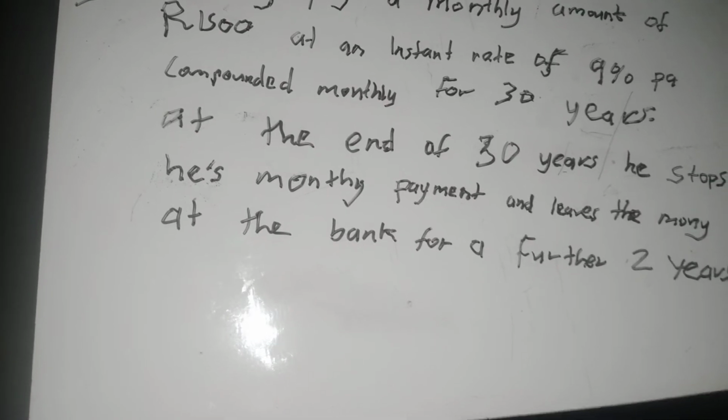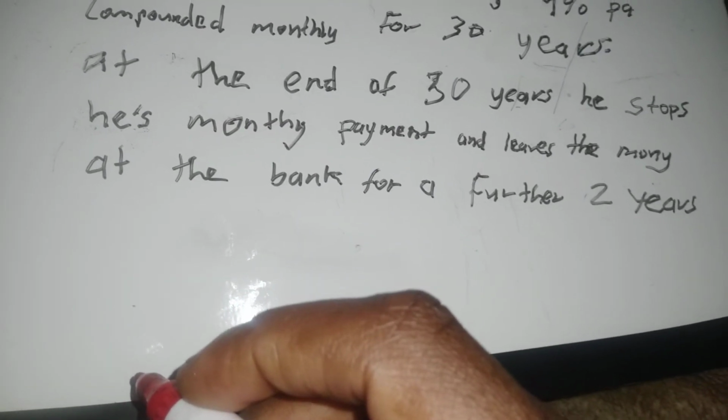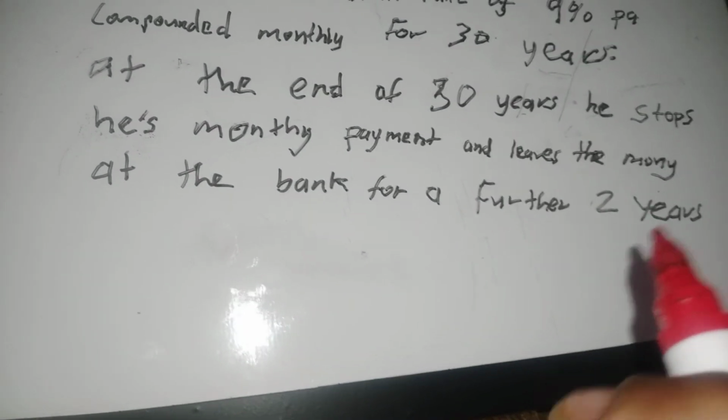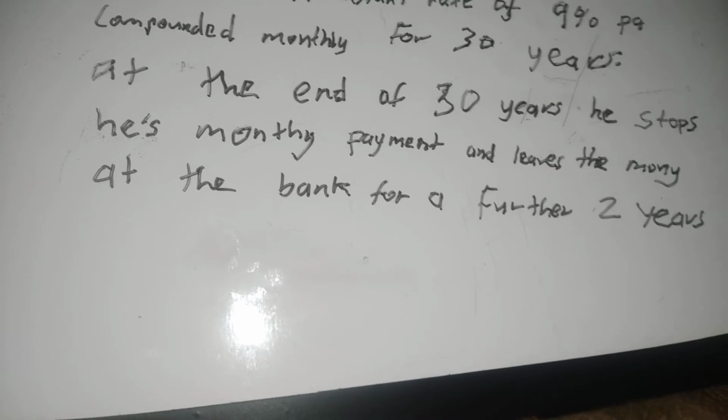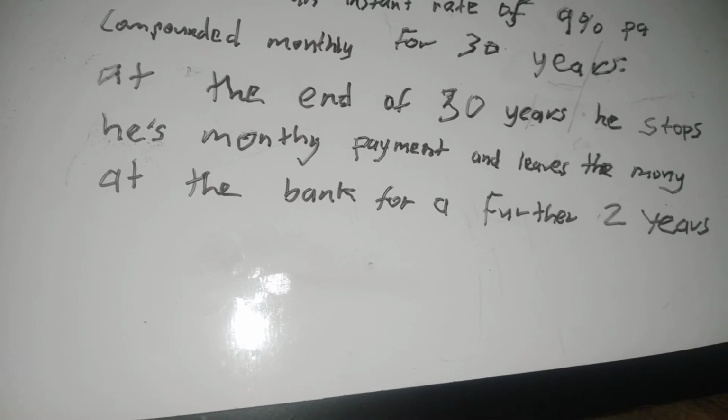So let me do a small example before we do this one. Let's say the person leaves his money in the account for 2 years. Then all of a sudden the person stops paying monthly. The person stops at 1 year 6 months.